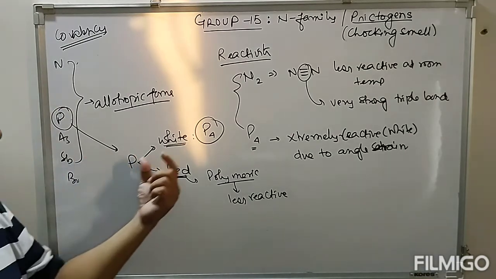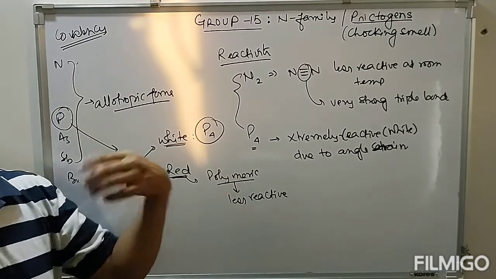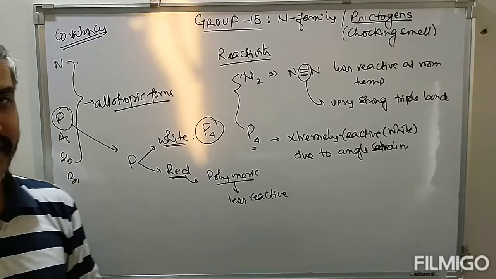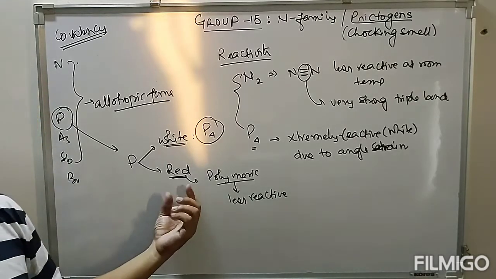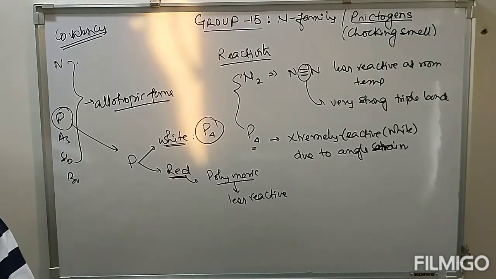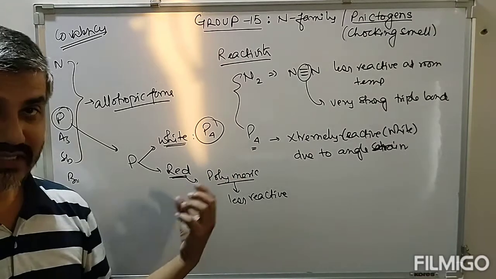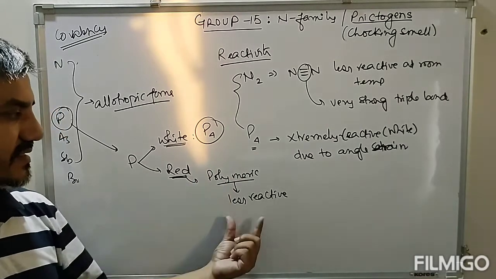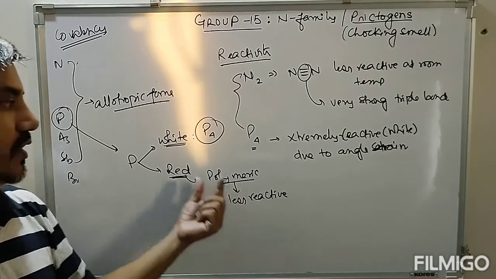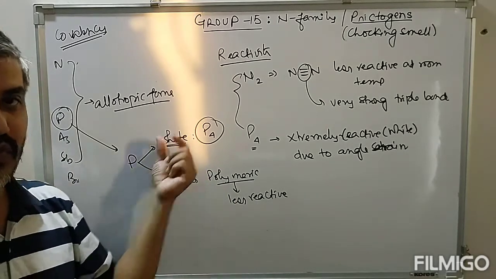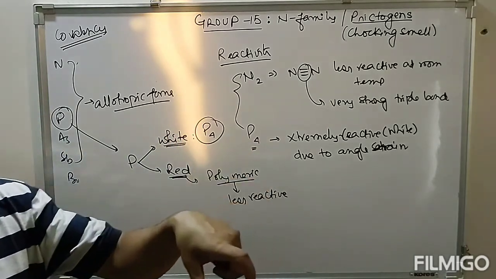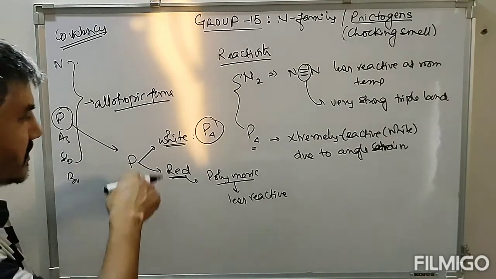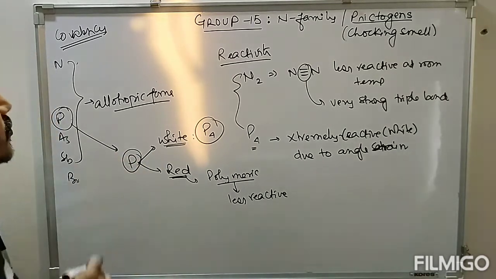So we say white phosphorus is extremely reactive and also poisonous. In many organic chemical reactions we use red phosphorus as a reducing agent. The reason being it is less reactive and less poisonous, whereas white phosphorus is poisonous as well as more reactive. So these are the two allotropic forms of phosphorus.